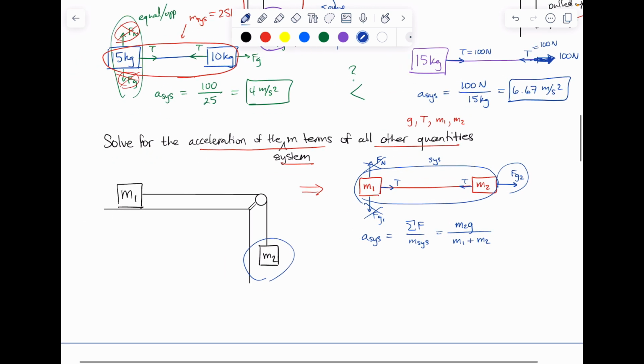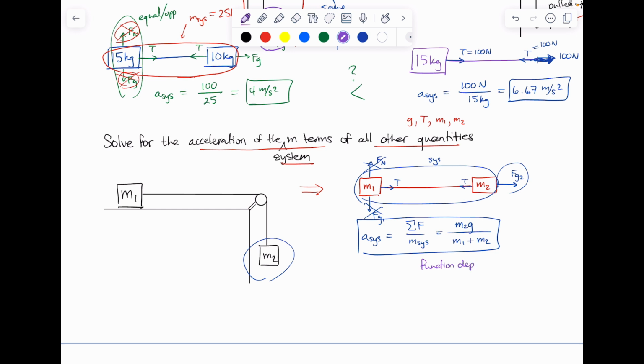So cool. Now what's really interesting about doing stuff like this is now you have what we call functional dependence, meaning that we can see how acceleration depends on other factors, which is kind of interesting.